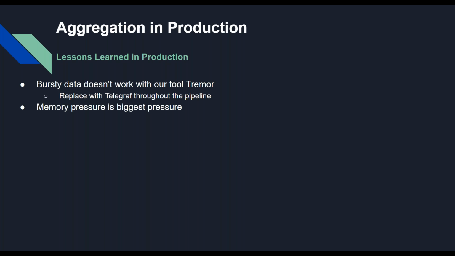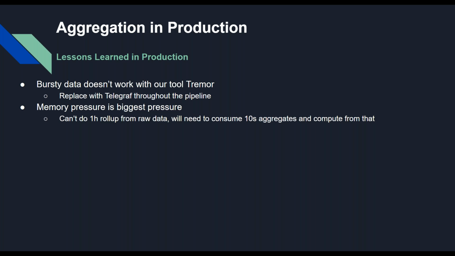Memory pressure did continue to be the biggest pressure coming out of the POC and going into production. So 1 hour rollups were absolutely out the window in terms of using raw data. So we knew that those rollups would have to be aggregates based on the earlier 10-second aggregates.